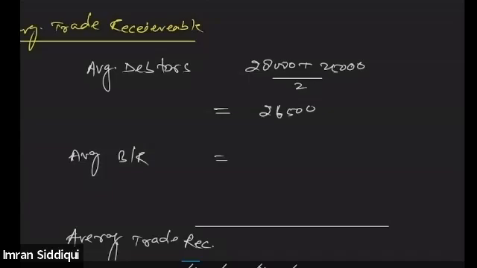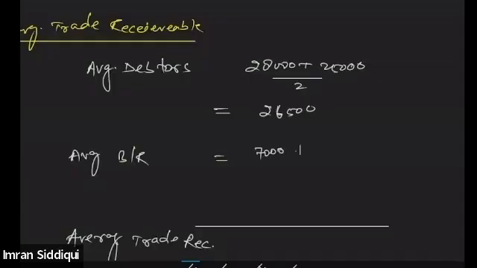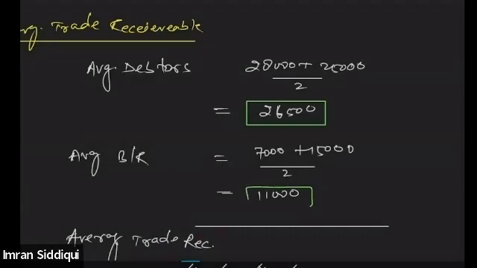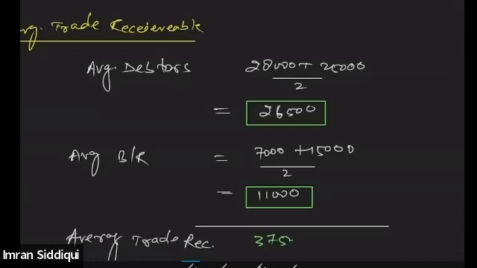And similarly, to find out the average bills receivable, we'll take the value of the opening and closing bills receivable, 7,000 plus 15,000, divided by 2, will be 11,000. Now, to find out the average trade receivable, we'll simply add these values. So sum total of this is 37,500. This is the average trade receivable.